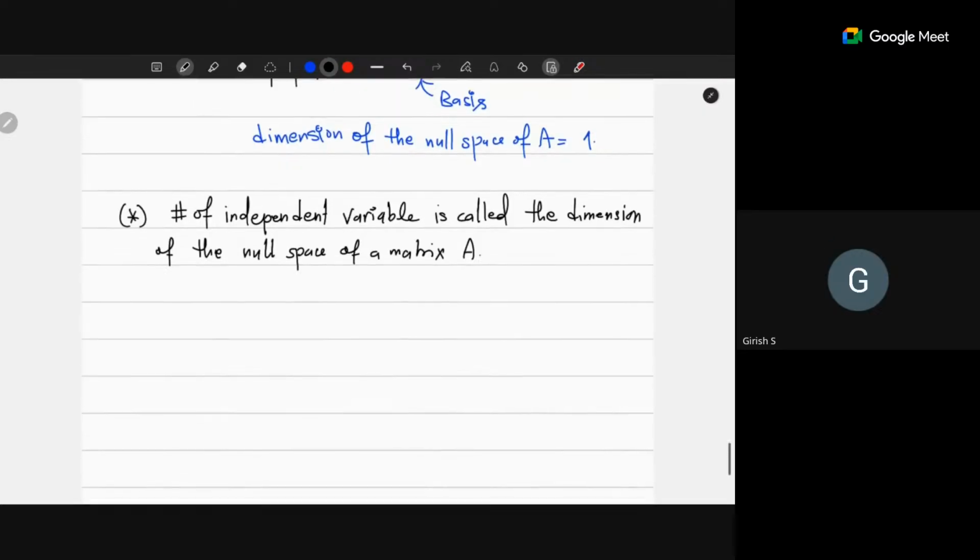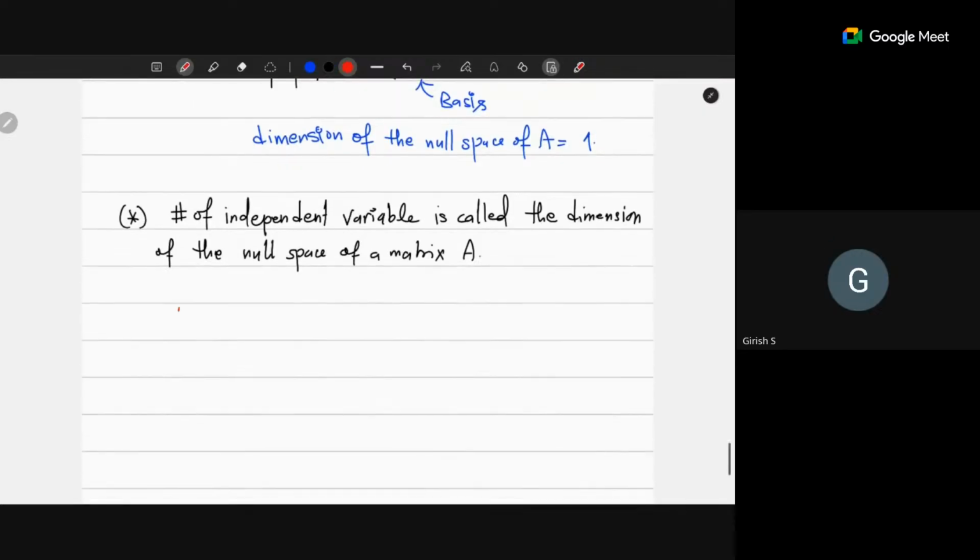And now let me define a term which is called nullity. So nullity is defined to be the dimension of the null space of a matrix A.